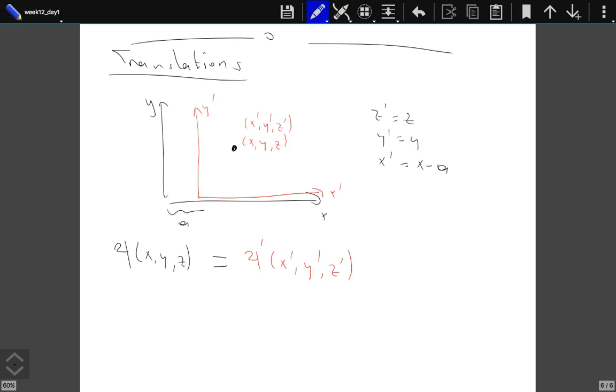So let's look at e to the power minus i over h bar Sz theta. This is the sum over n, 1 over n factorial, minus i over h bar theta to the power n, Sz to the power n.